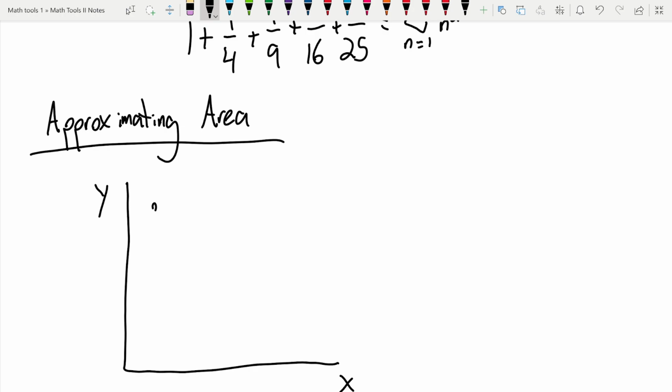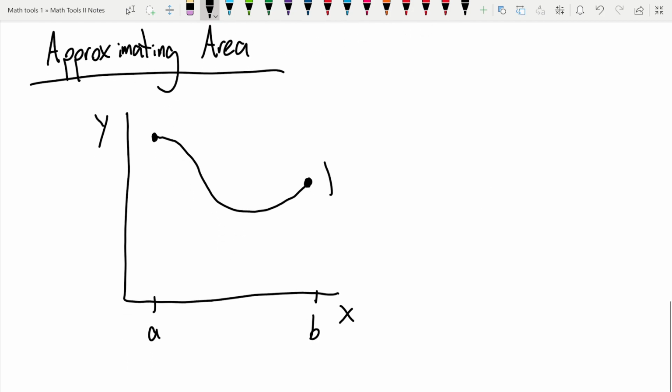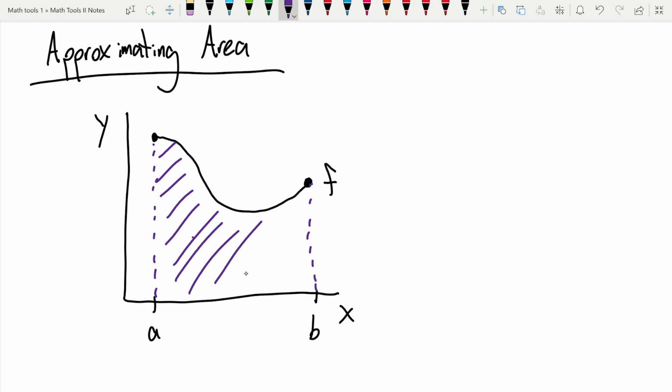We won't give names to these functions or anything, but let's say we have some kind of line segment, or curve segment I guess you could call it, like this, where we're cutting off the points at, say, A and B. So we'll call this curve F. The area underneath of it, which should be basically this region right here, we'll call that A, for area. So we want to find A.